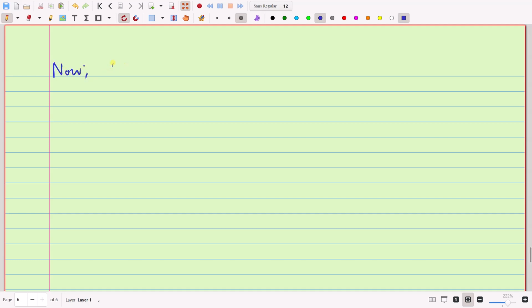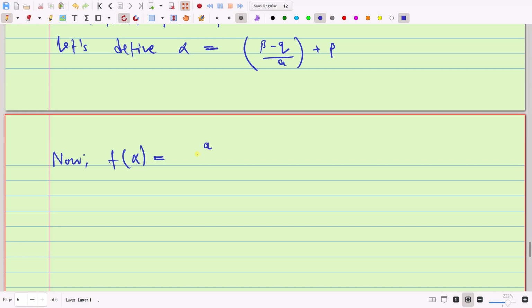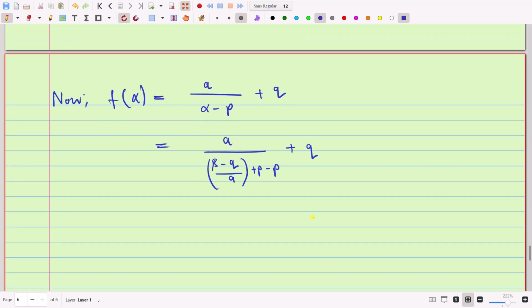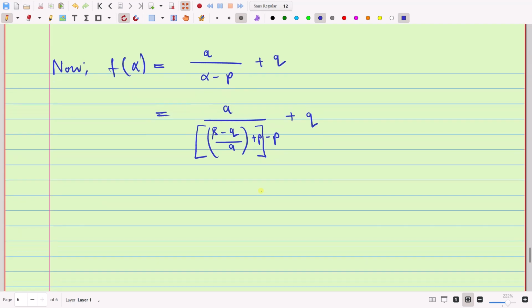According to the definition, f of alpha is a over alpha minus p plus q, which is equal to a over (beta minus q over a plus p) minus p, then plus q, because this whole thing here was just alpha.